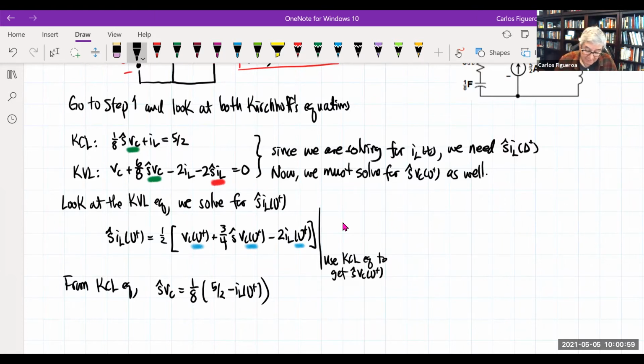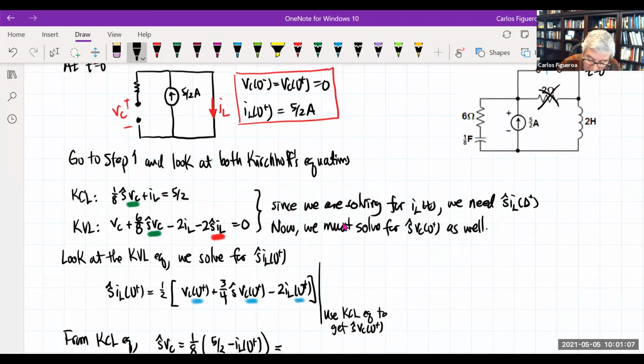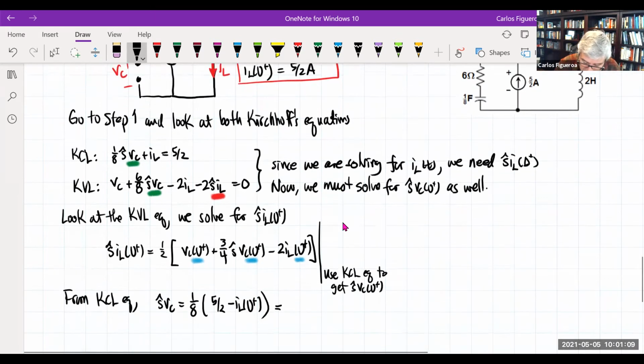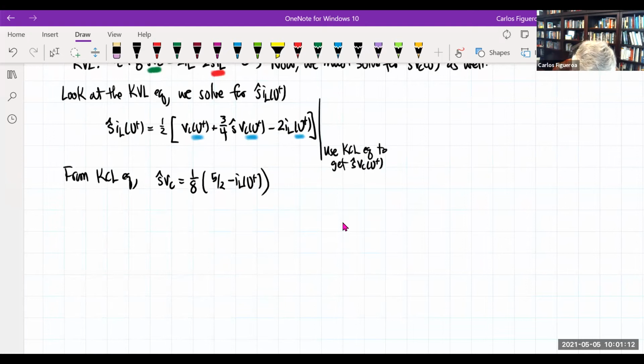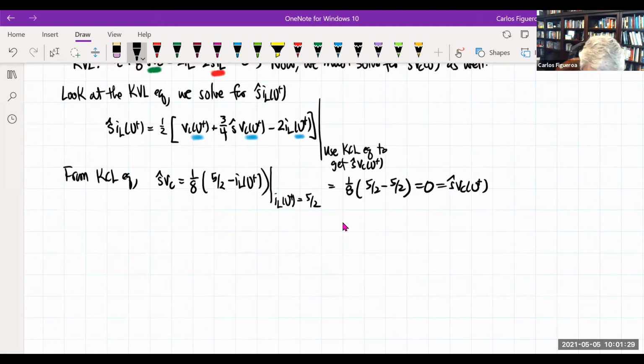So I'm going to compute that. According to what we already calculated, IL of 0 plus is 5 halves. So when I substitute this in, you could see that I'm going to get 0 for S hat VC of 0 plus.